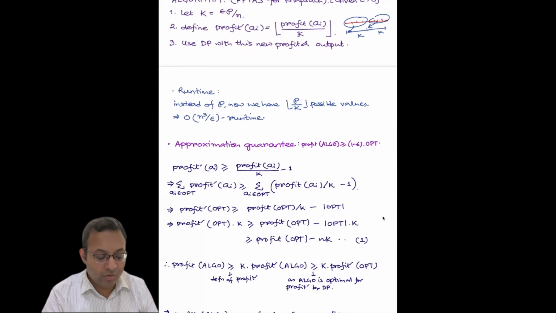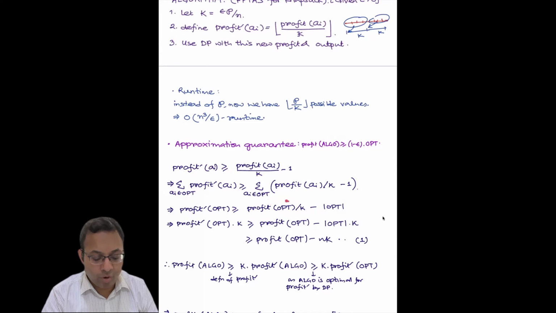Then we sum it over all items which are there in opt. We don't know opt, but it's just a theoretical proof. So assuming we know opt, we sum over all items in opt. And the sum gives us the profit prime of opt, which is greater than or equal to profit of opt by k minus the cardinality of opt.